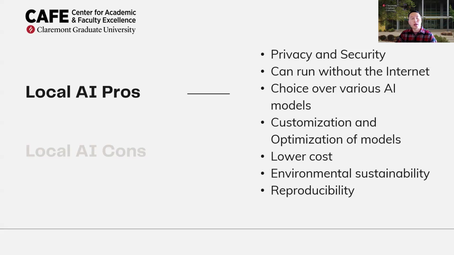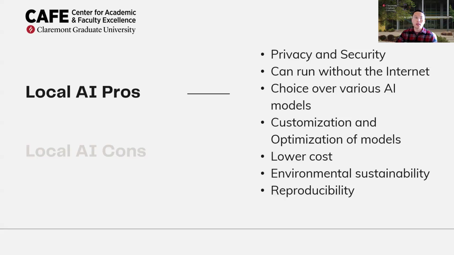And the next point I want to talk about is the cost. We all know that if you're using online AI tools, they often come with a subscription if you want to use some of the premium features. For example, if you want to use a premium version of ChatGPT, it will require a $20 per month subscription fee, which is equal to about $240 per year.